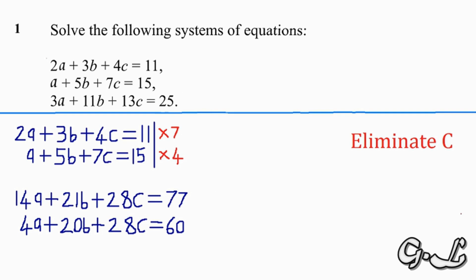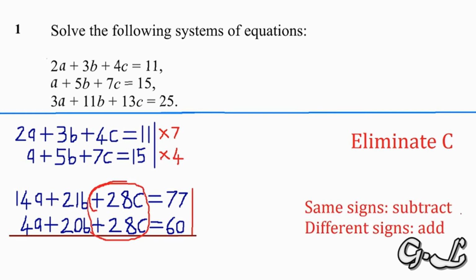If you have same signs, in such a case, we have positive 28, and we also have positive 28 when we consider the equations. If we have same signs, we need to subtract. But if we have different signs, we need to add. In such a case, we have same signs. So we're simply going to subtract.